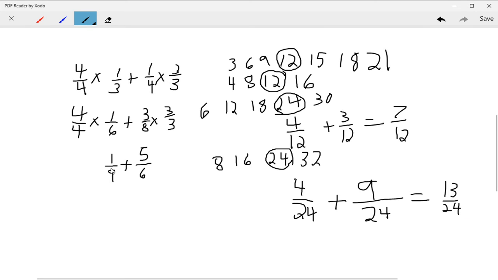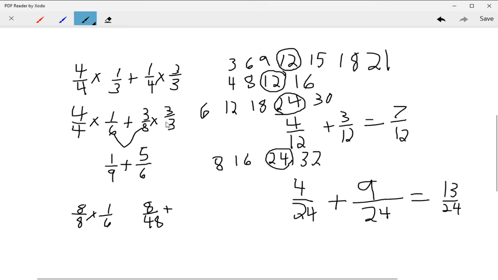Now, one thing I do want to point out is you can still use the strategy of just multiplying 6 by 8, and then using that. Then I could multiply 1/6 times 8 over 8, which would be 8/48, plus, and then I would multiply 3 over 8 times 6 over 6.